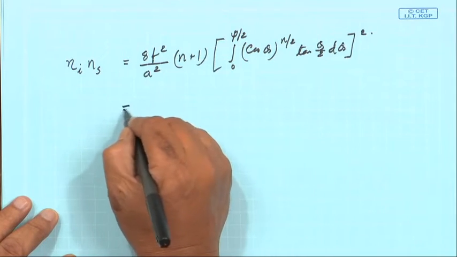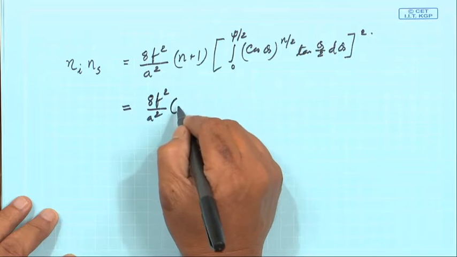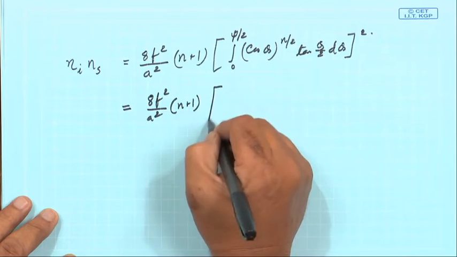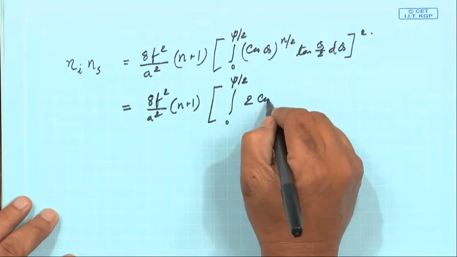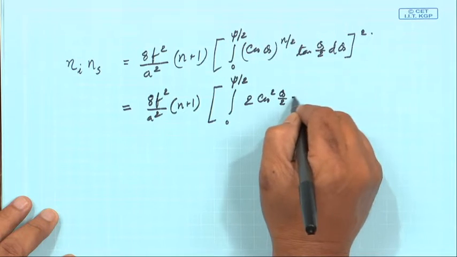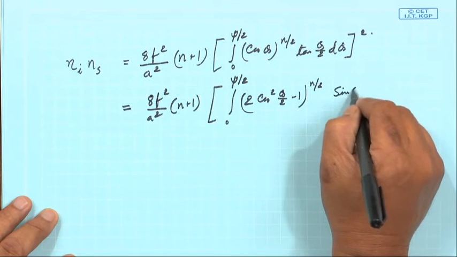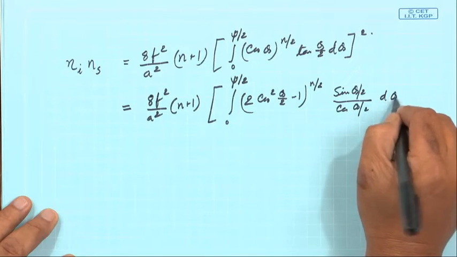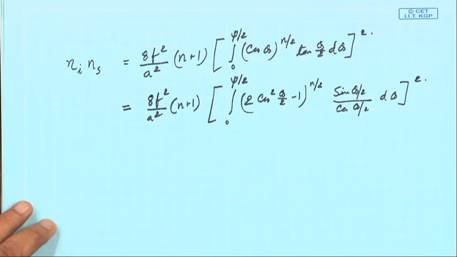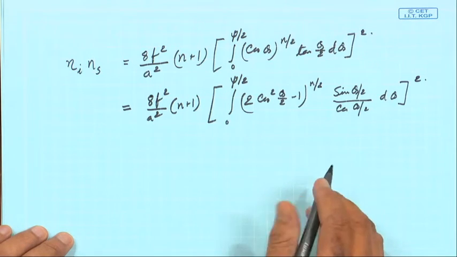So, this people have further simplified. Now this integral is 0 for odd n and non-zero for even n.